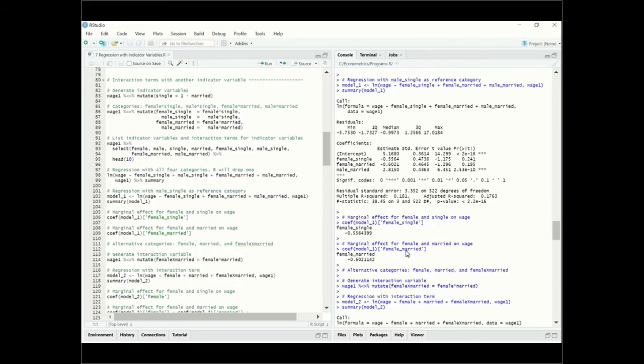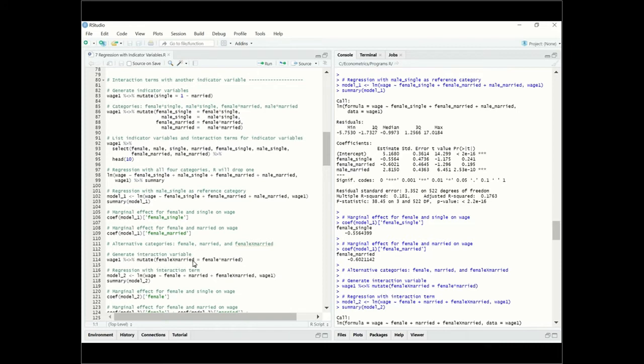Another way to do interaction terms is to have categories of male, married, and the interaction of female and married, but to include the original terms for female and married as well. In order to do that, let's first calculate the interaction term of female and married.